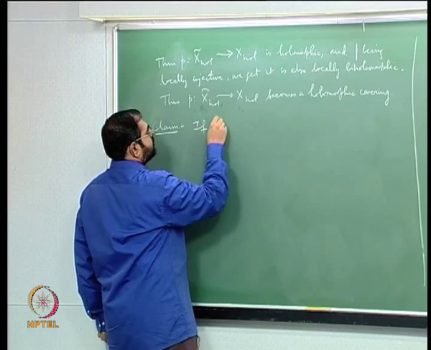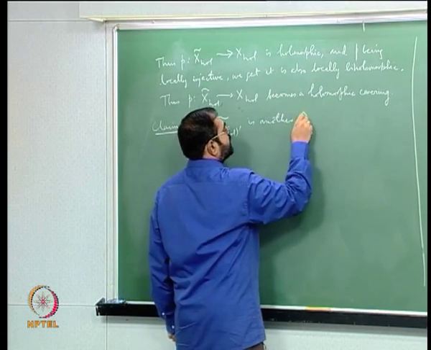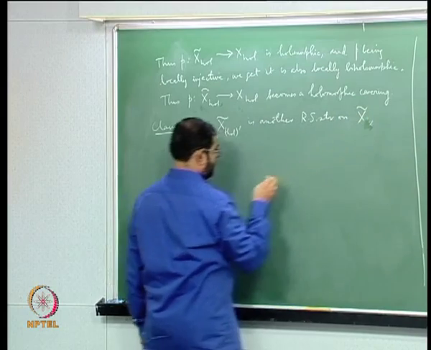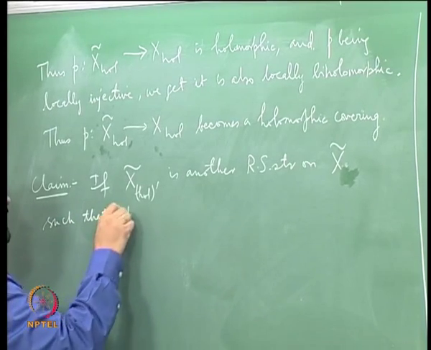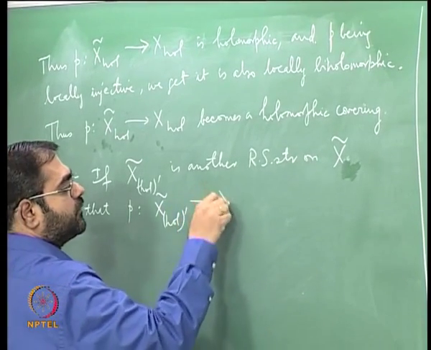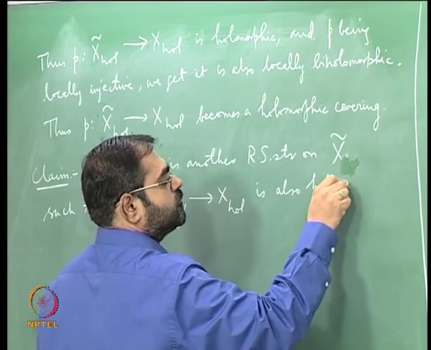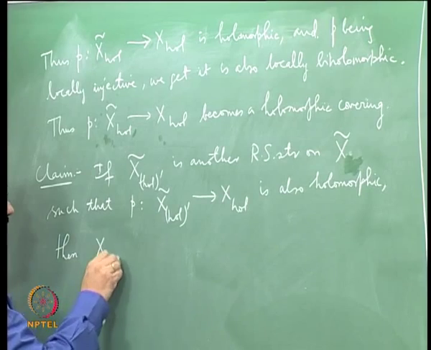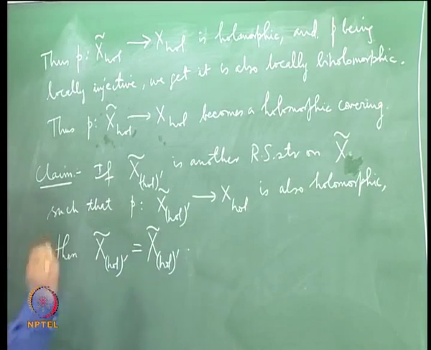if X tilde with structure prime is another Riemann surface structure on X tilde such that P from X tilde prime to X is also holomorphic, then X tilde prime has to be equal to X tilde.